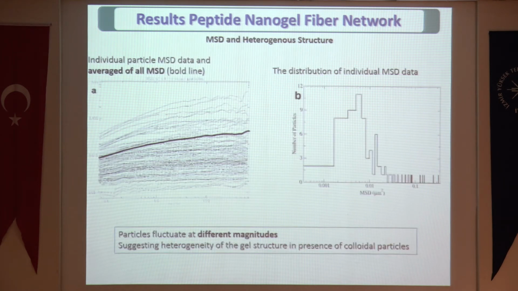If you look at single particle MSD, this is MSD data, and the bold one is the average of them, but some particles have much higher MSDs. If you do a distribution, you see that it doesn't go in a nice Gaussian distribution, but we have very fast particles.